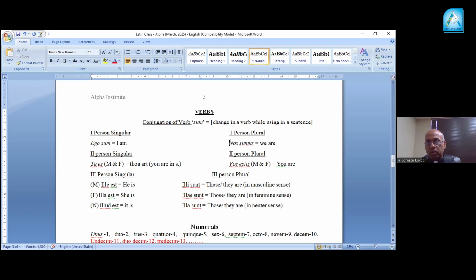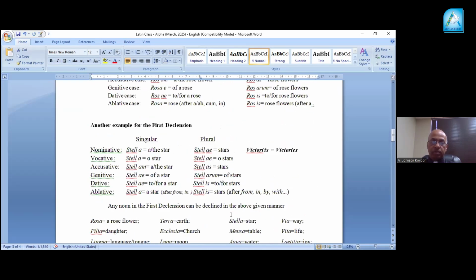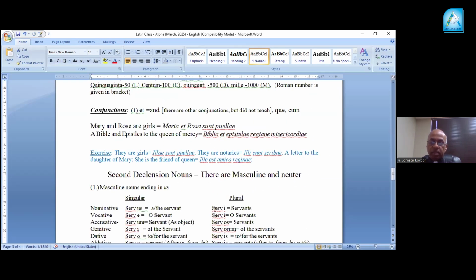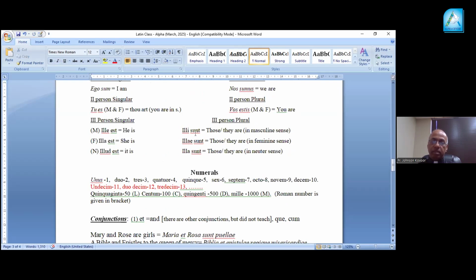In the plural form, nos sumus, vos estis. Then illi, illae, illa, sunt. Why does illi come? Because in the masculine form, we learned the noun servus, and the plural was servi. Like that, illi.